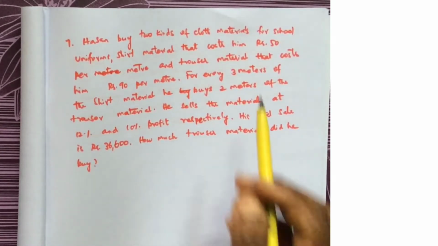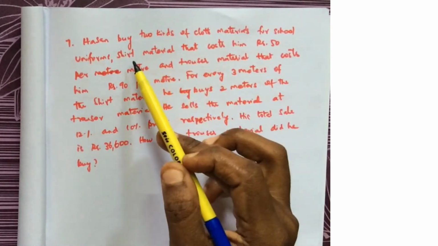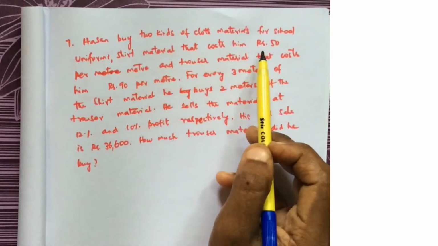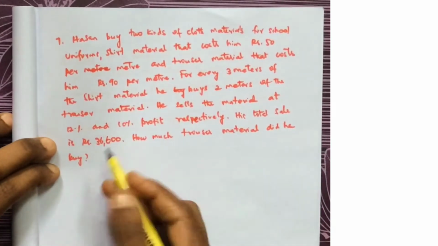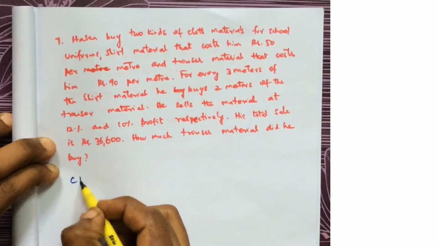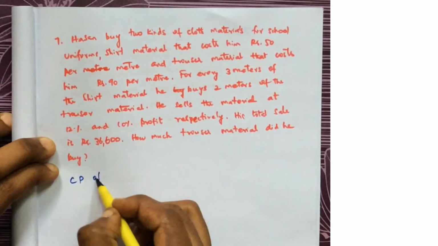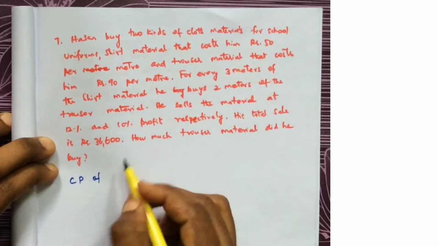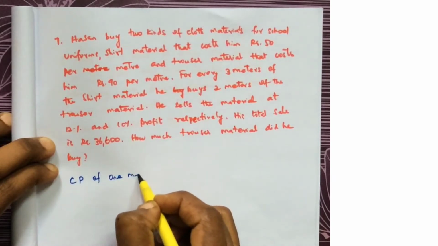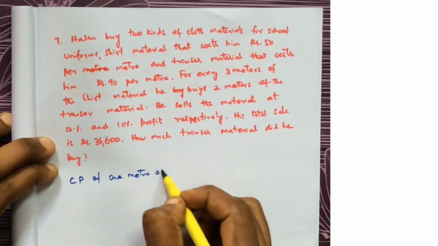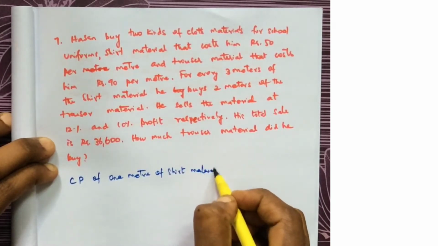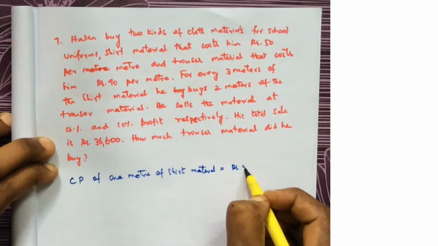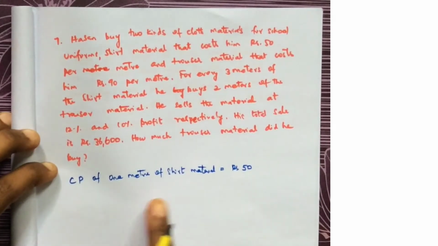The first thing mentioned here is the cost price of the shirt material is rupees 50 per meter. What that means is, we will write CP. This is the cost price. Cost price of 1 meter of shirt material, that is rupees 50.